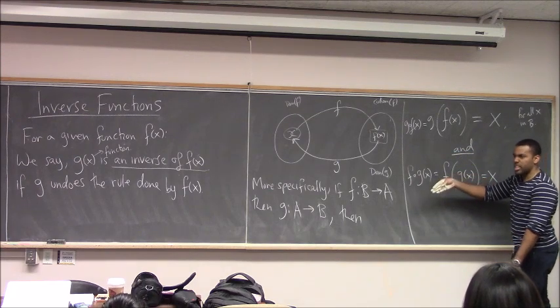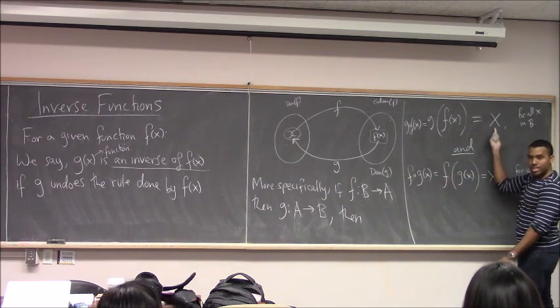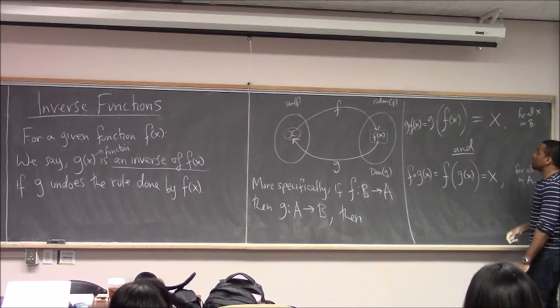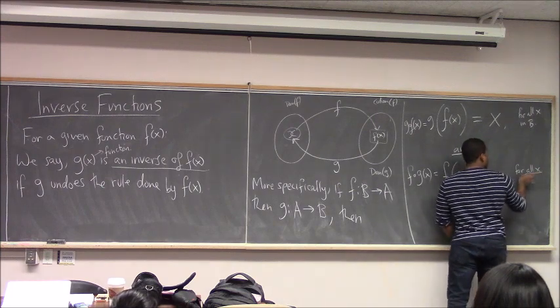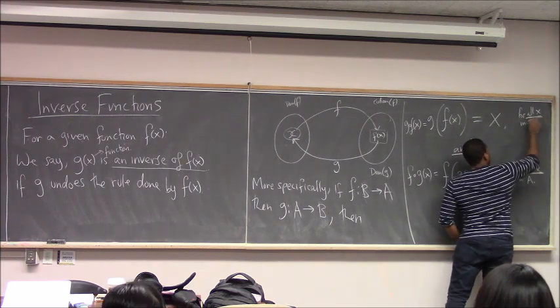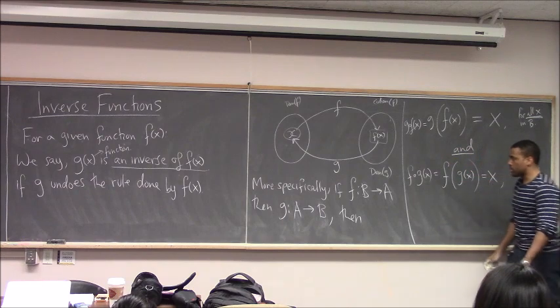Because one function does something and the other function takes it back. So you'll always get the original guy. And this happens for everybody. Anytime that happens for everybody, we say we have an inverse function.